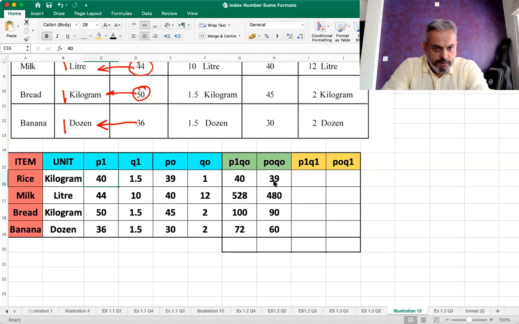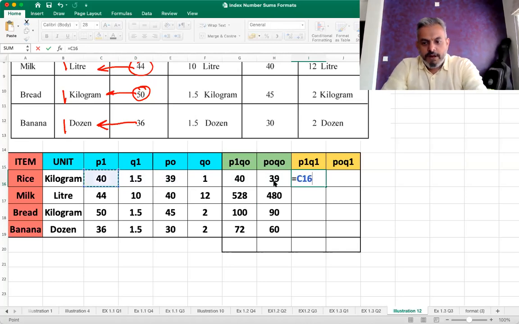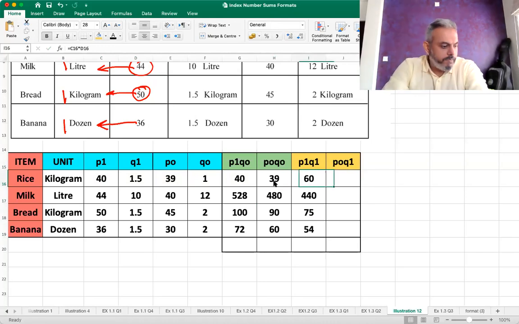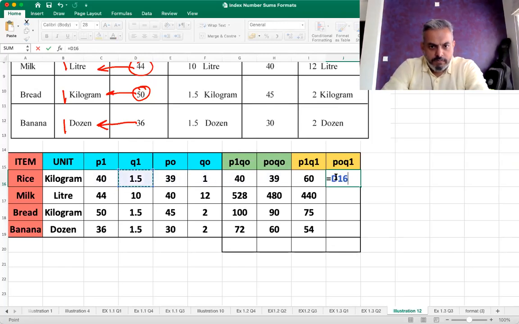P1Q1. So this one, P1 into Q1. And then P0Q1, P0 into Q1.